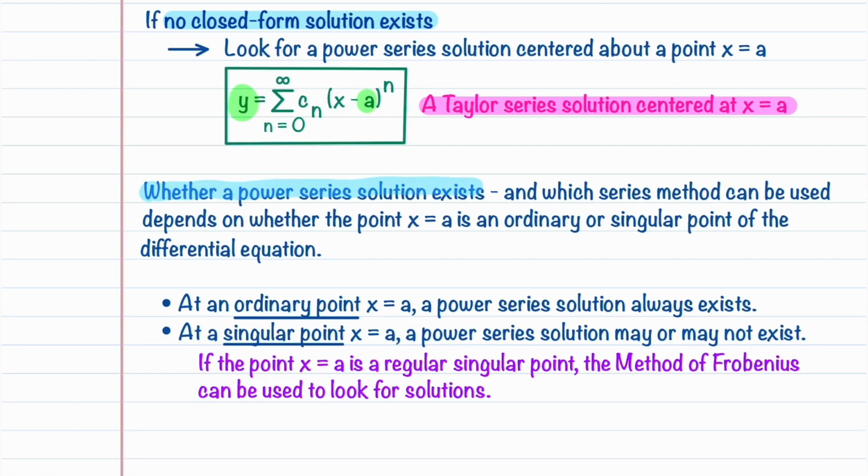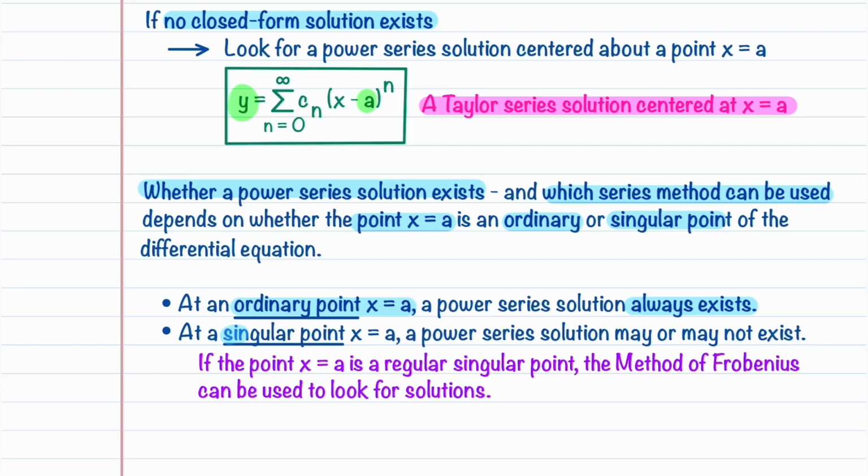Whether a power series solution exists and which series method can be used depends on whether the point x = a is an ordinary or a singular point of the differential equation. This is why learning how to identify and classify these points is so important. At an ordinary point x = a, a power series solution always exists.